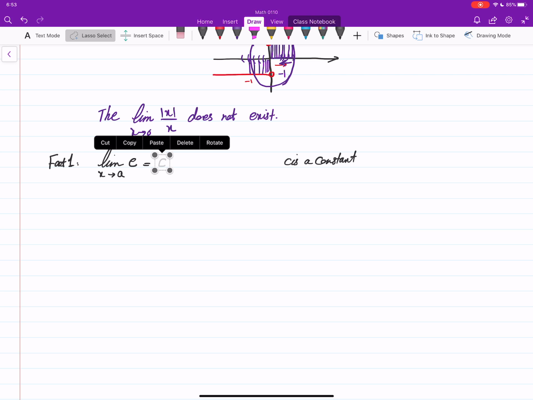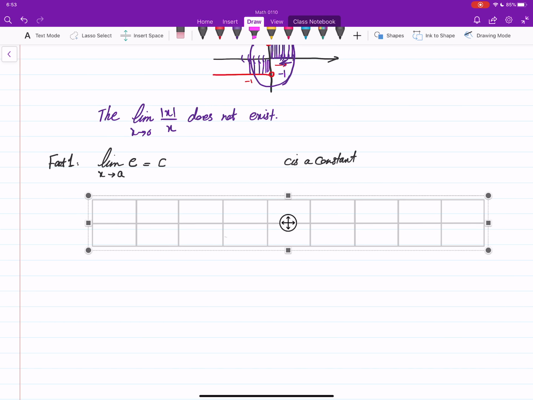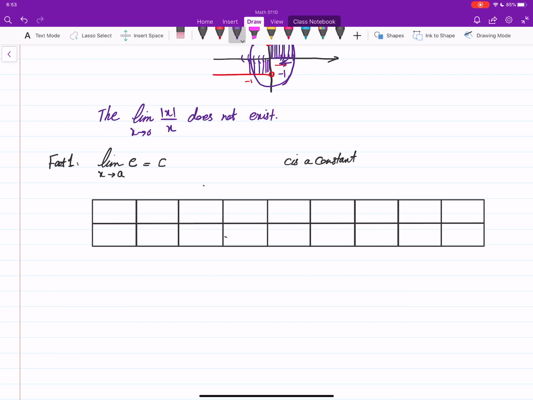So, the table of values for this function, at any point that you like, x equal to a, you can always have a plus 0.1, a plus 0.01, a plus 0.001, a plus 0.0001. At a I don't need. Here I can say a minus 0.1, a minus 0.01, a minus 0.001, a minus 0.0001.